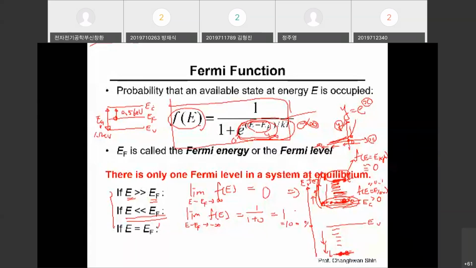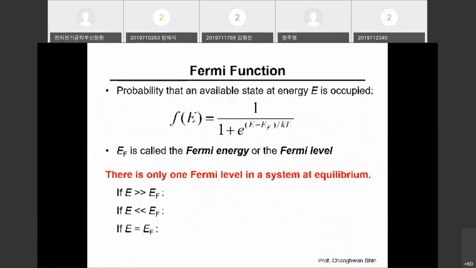Because the Fermi function says the probability of finding an electron at the very lowest energy state in the valence band is approximately 100%, 99.9999%. So we can claim that the free electron found at the lowest energy state in the valence band is 1. So this Fermi function is a good tool to estimate the probability that an energy state E is occupied.